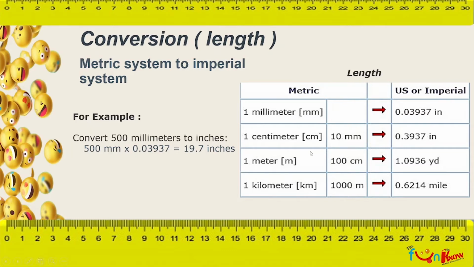So if it is 500 millimeters, I'm going to write 500 millimeters multiplied by the exact value of 1 millimeter in imperial. So I'm going to write 0.0397. After multiplying both, you will get 19.7 inches. So 19.7 inches will be our conversion of 500 millimeters to inches, that is metric system to imperial system.